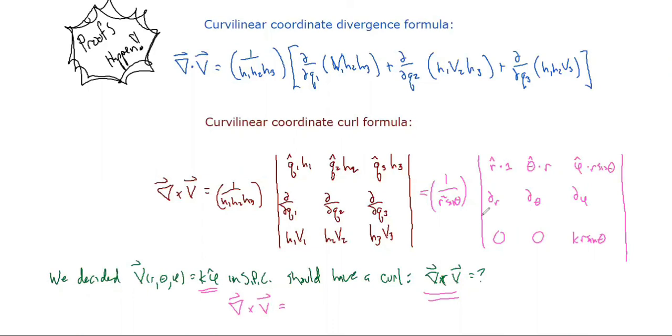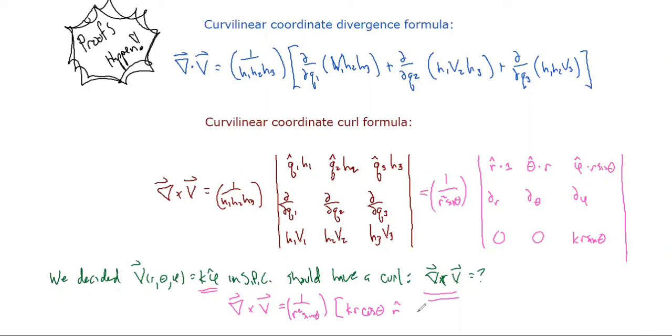So after cleaning it up a bit, we write it out in 2 steps. We still have this thing out in front, the 1 over r squared sine theta. And then what I should get is k r cosine theta from that derivative, the theta part, and that's in the r hat direction.